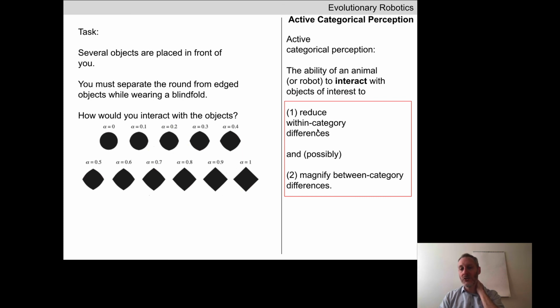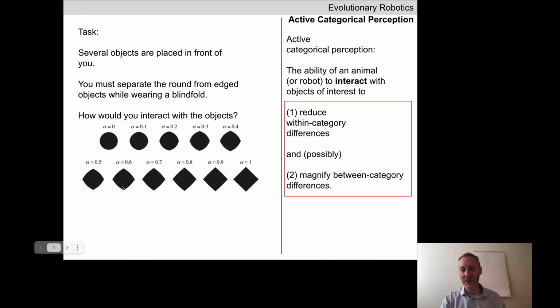Often what we want to do is act in a way that reduces within-category differences. These objects up here all have differences. They have different curvatures. But when we perform this action, those within-category differences collapse into the same thing. These objects are all rollable.